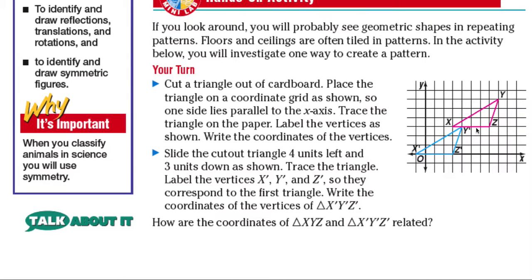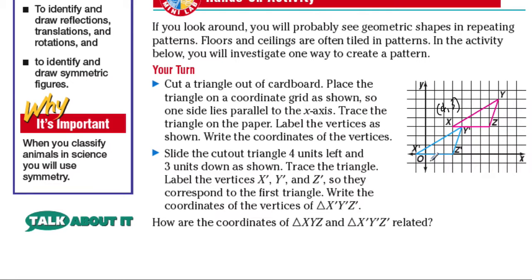Trace the triangle on a piece of paper. You're doing the pink triangle right there. Label the vertices as shown. Write the coordinates of the vertices. Our x coordinate would be 1, 2, 3, 4, so that is 4, and 3.